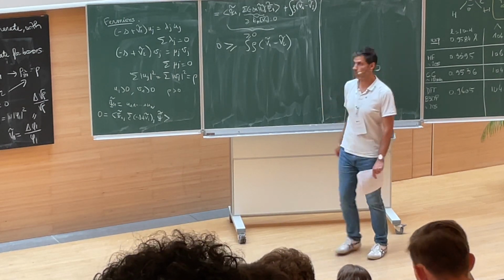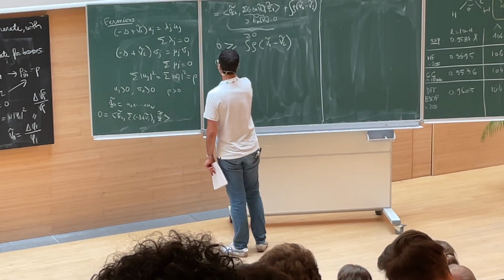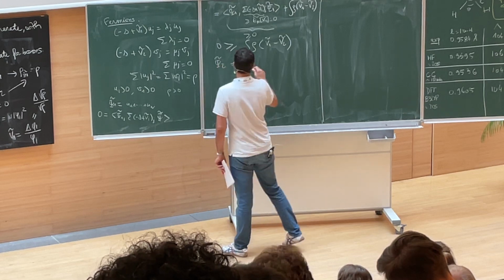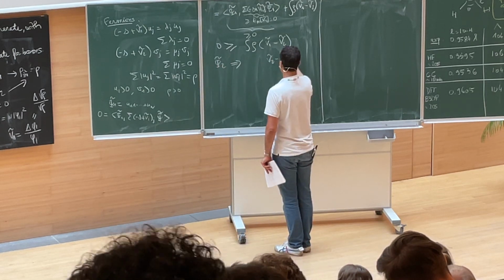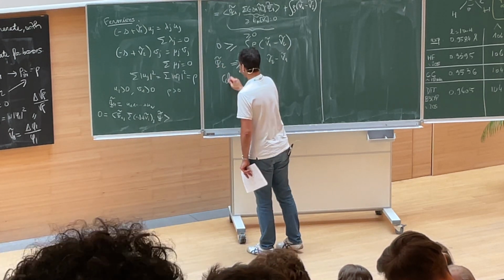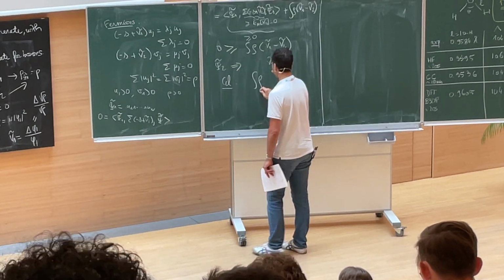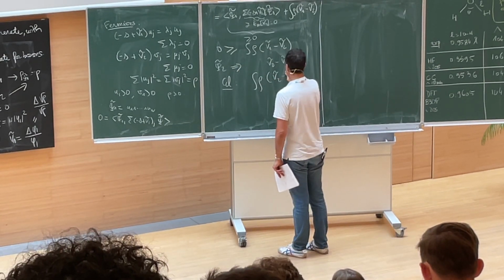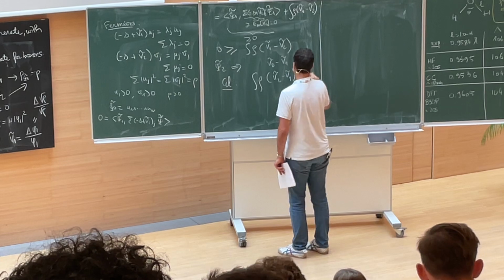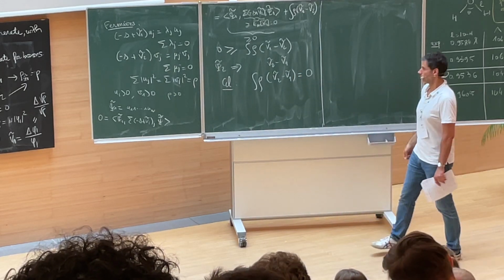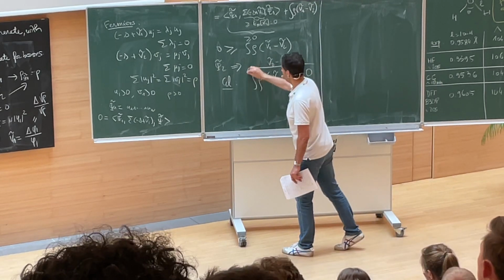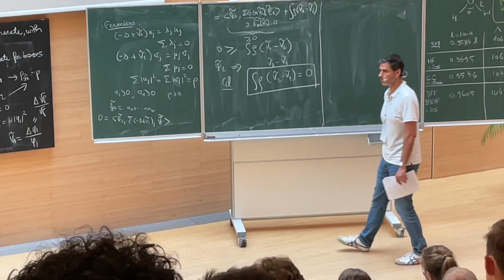And then everything is reversed. So if I do the same with psi 2 theta, I will get the same with V2 theta minus V1 theta. And so the conclusion is that the integral of V2 theta minus V1 theta must be 0. That's the first thing I find.